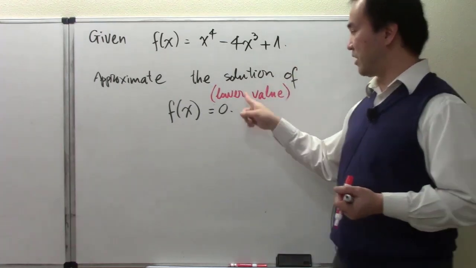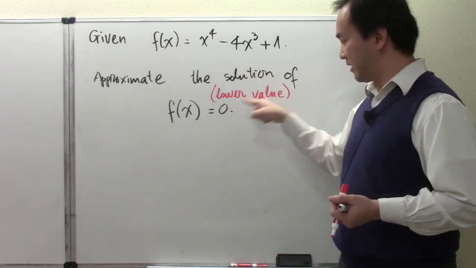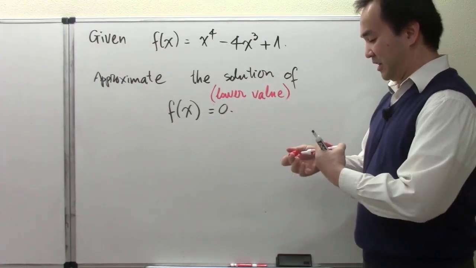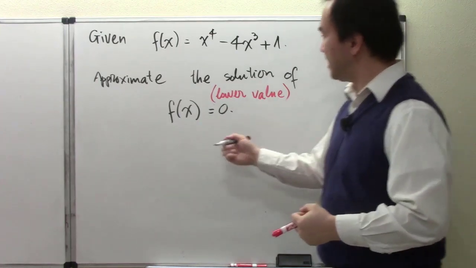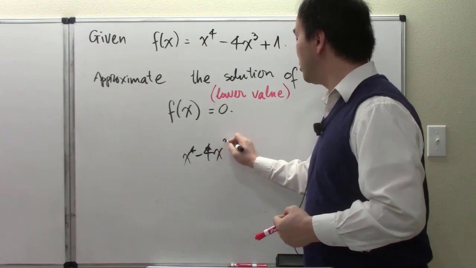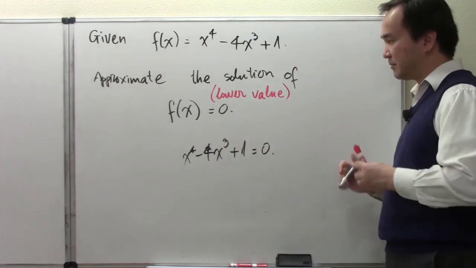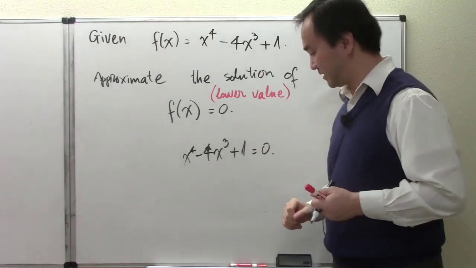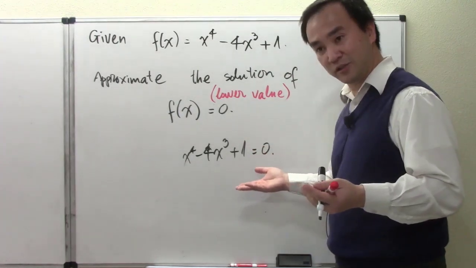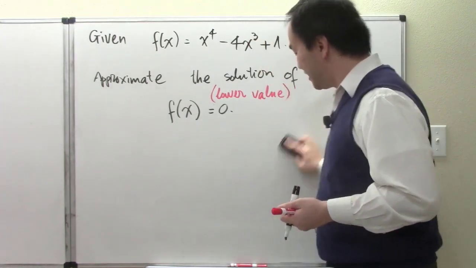We want to approximate the lower, smaller solution of the equation x to the fourth minus 4x cubed plus 1 equals 0. All right, so here's the plan.